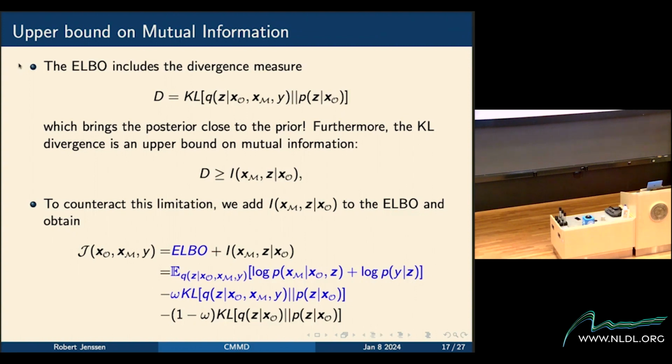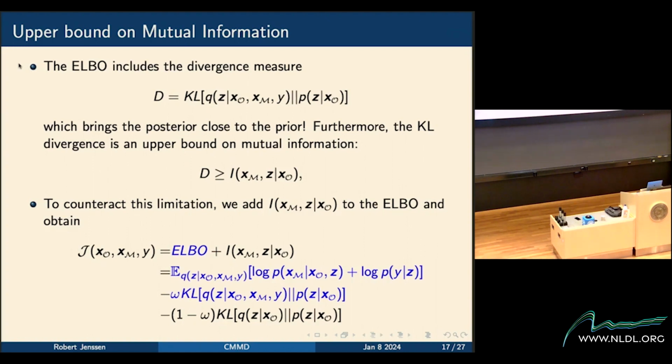Then it can be shown that in this setting, the KL that we discussed, which is a part of the ELBO, and this is just that part reformulated in our particular setting, this KL divergence upper bounds what we call the mutual information between what we observe and the XM that we have at test time, and then this latent variable.